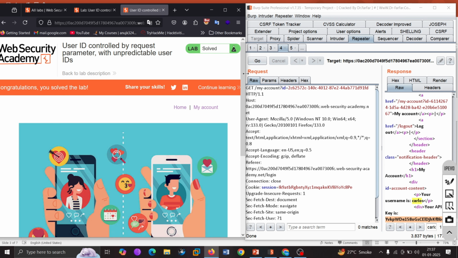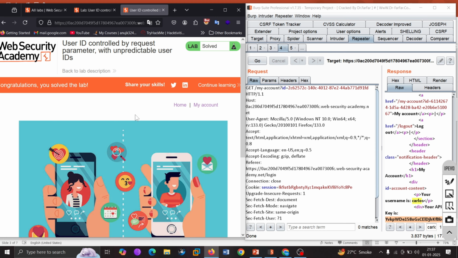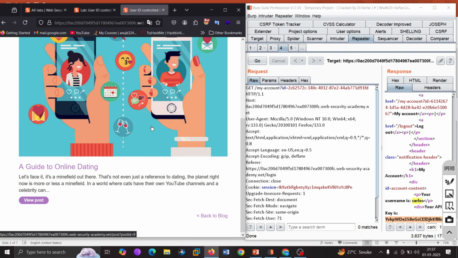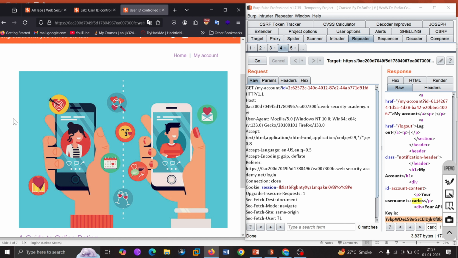So now, again, focus over here. What we have done is, first, we identified the parameter. On the my account functionality, even the account has some sort of ID, right? That was my ID. But it was a blog, right? Where everyone can post. Therefore, I found a post of one user, and when I opened his post, I got the account ID for that user.